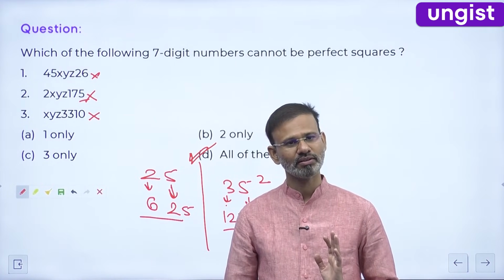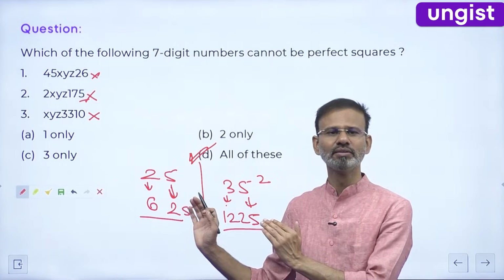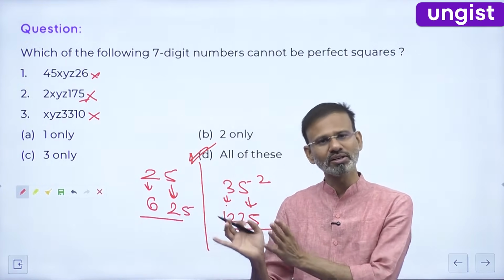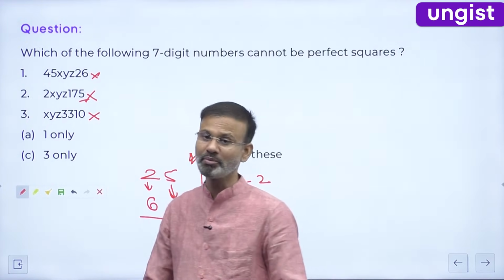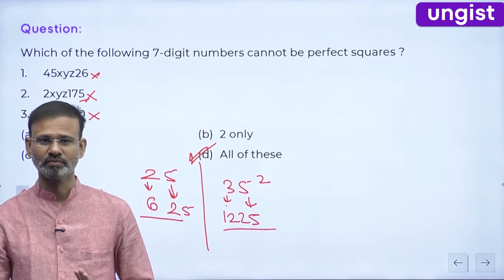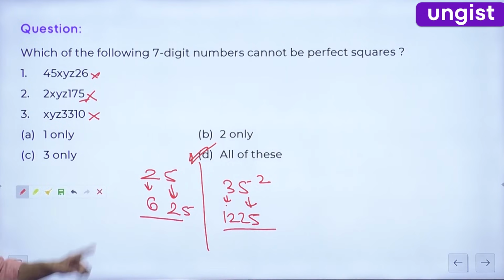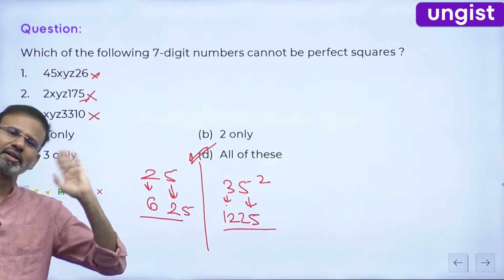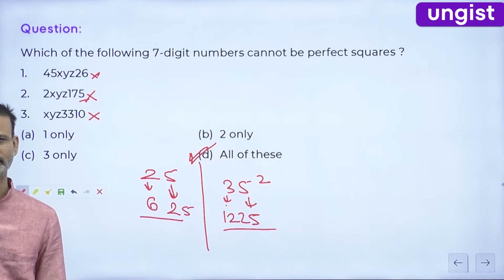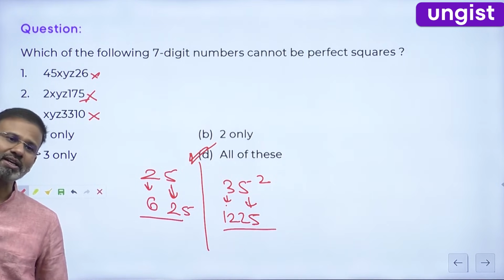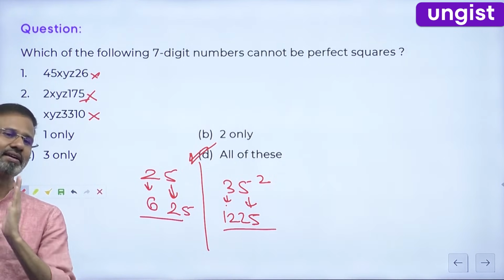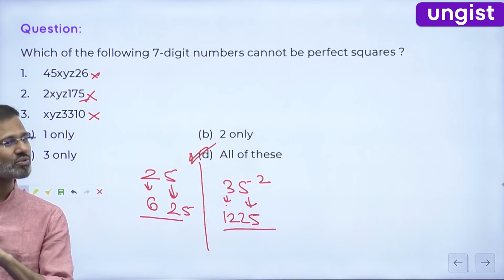I didn't solve this question with my knowledge. I solved this question with my elimination process, with my observation. So they also want you to solve the question with elimination or with some thinking, with some logic. They don't want you to come having memorized all the perfect squares. No, it is not required at all.